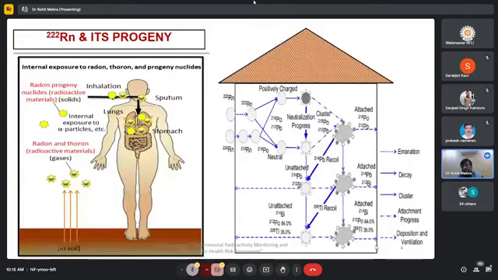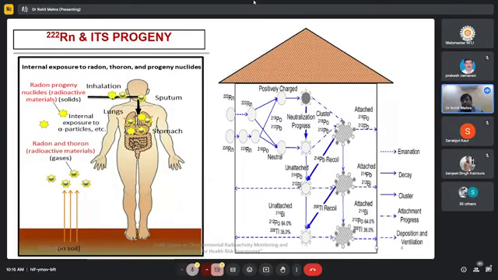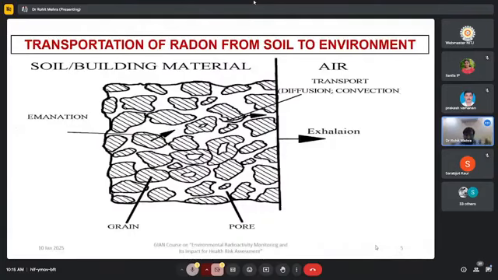radon contamination in the environment. In European countries, even in Japan, it is mandatory when we go for construction of houses that they give a certificate stating this much exposure, especially in Germany, this much exposure of radon in the building.